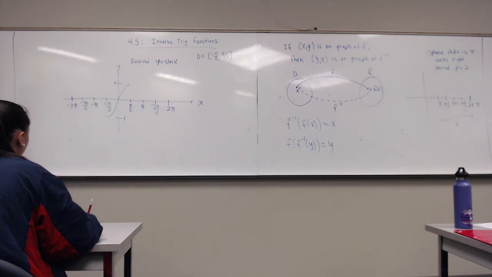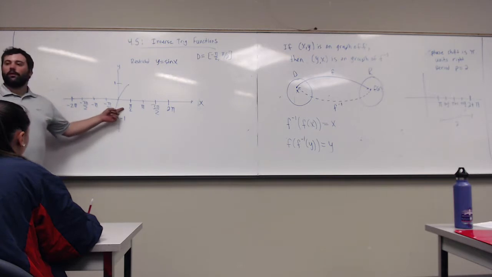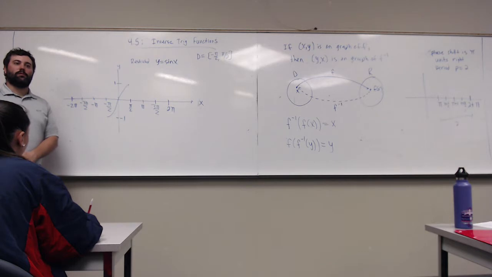Yeah. Okay, so the only way to get an inverse for sine or cosine or even tangent is you have to restrict the domain to a piece of the graph that passes the horizontal line test.